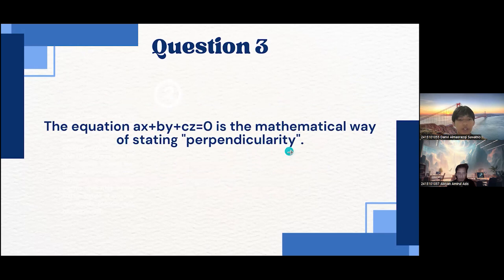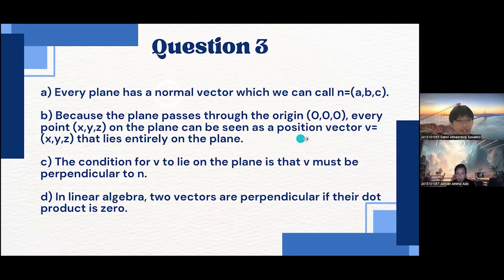The equation ax plus by plus cz equals 0 is the mathematical way of stating perpendicularity. Why? First, every plane has a normal vector, which we can call n equals (a, b, c). Second, because the plane passes through the origin (0, 0, 0), every point (x, y, z) on the plane can be seen as a position vector v equals (x, y, z) that lies entirely on the plane.